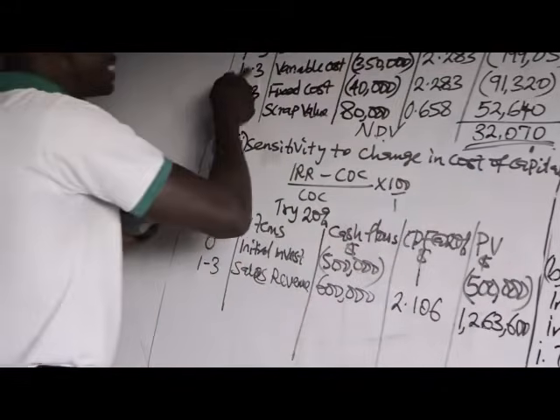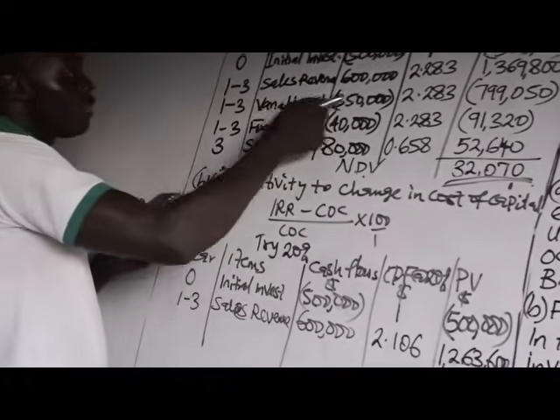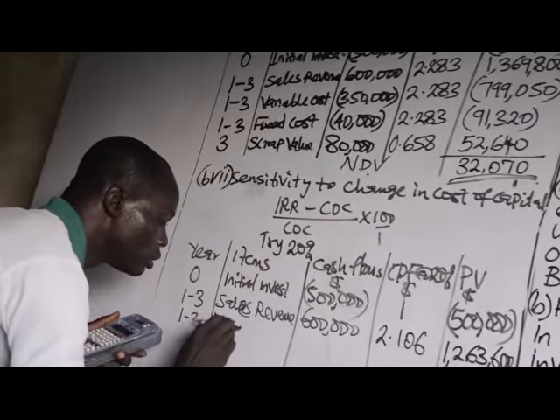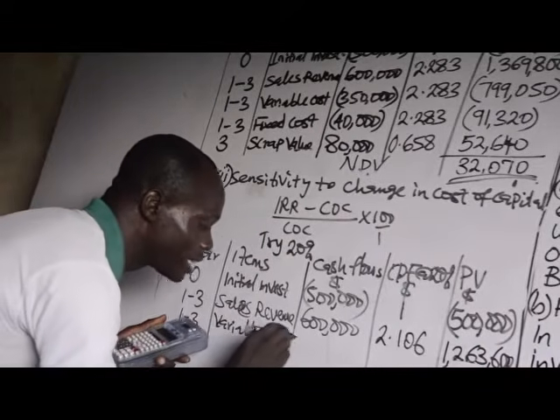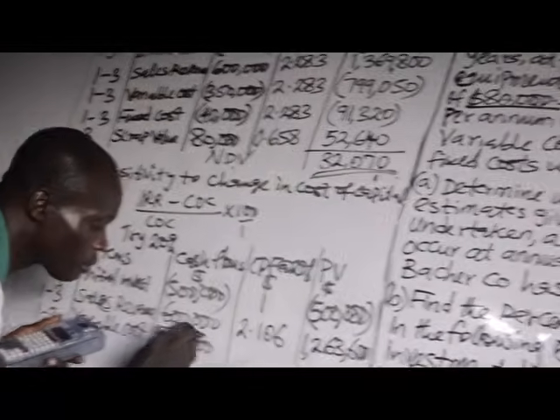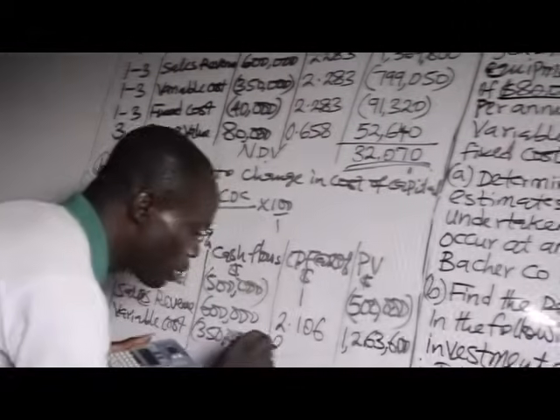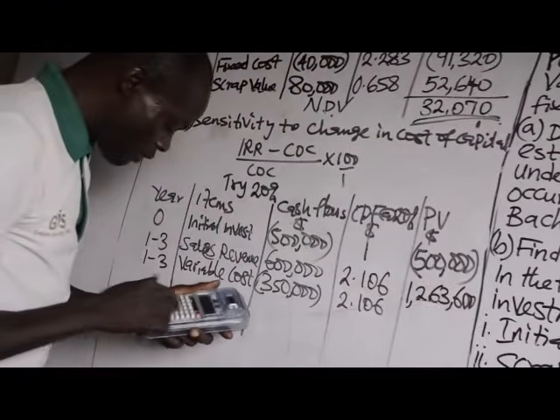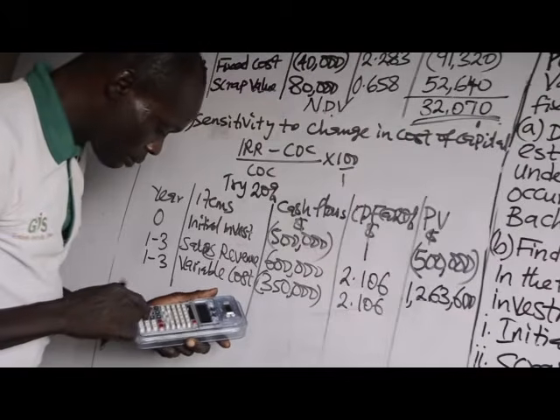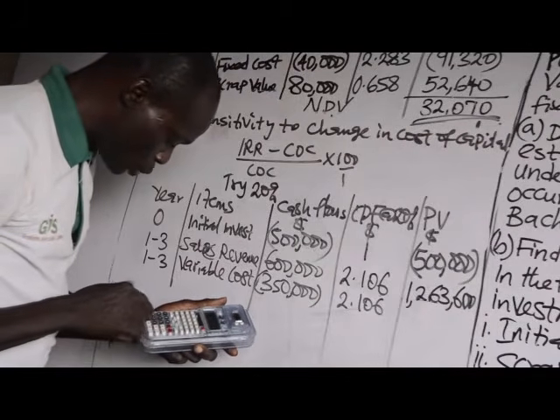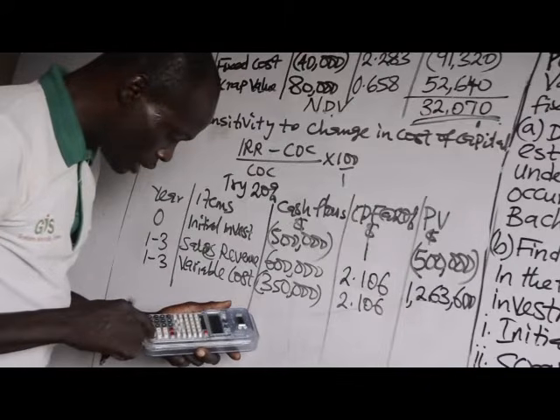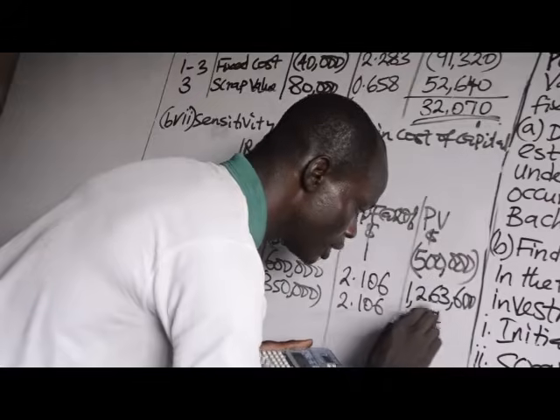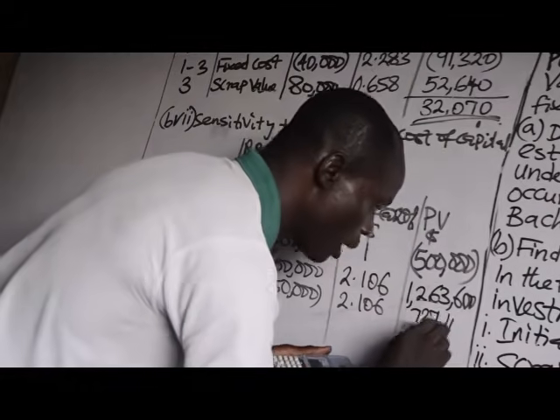Then the next item is variable cost of 350,000, year 1 to 3. The cumulative discount factor still remains 2.106. And the present value of that, we have 350,000 times 2.106. That gives us 737,100.